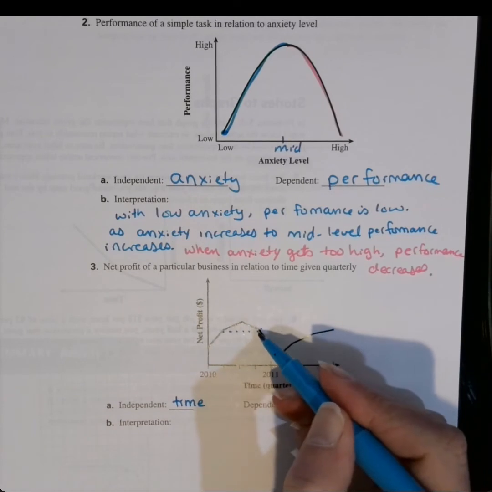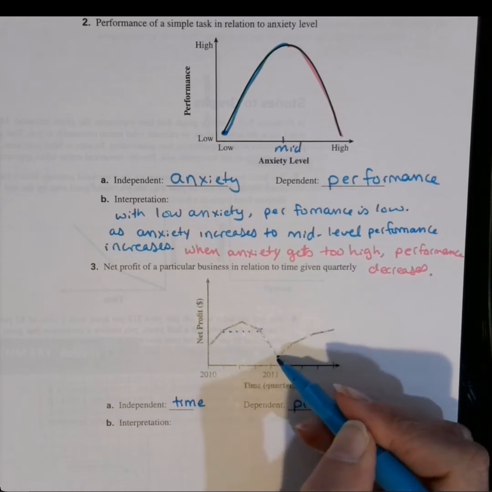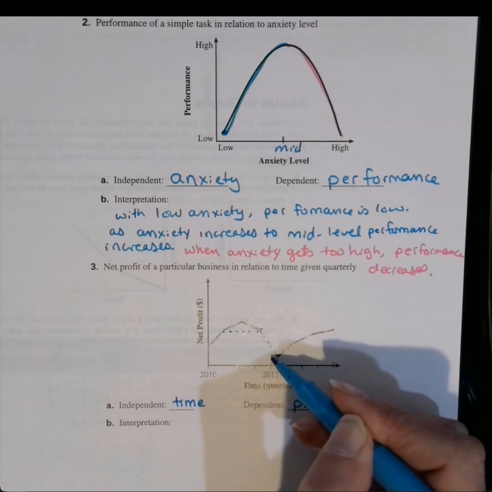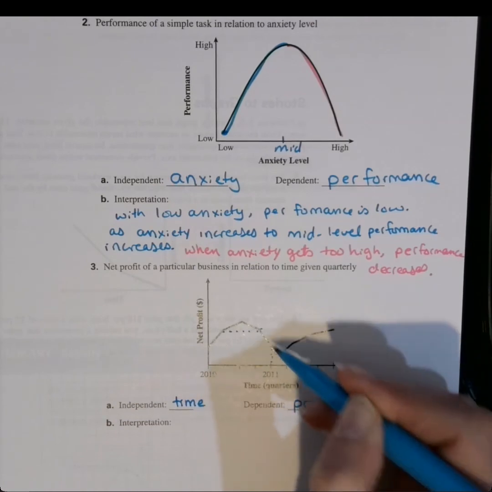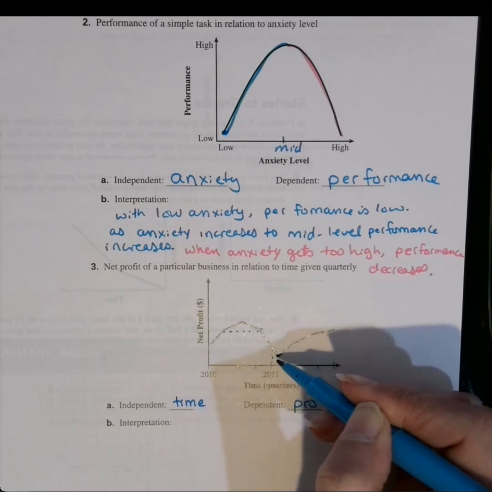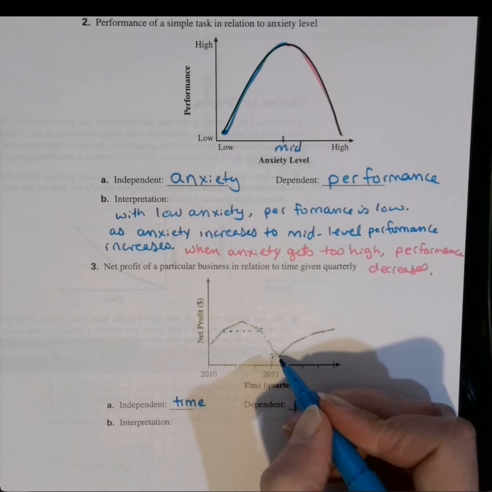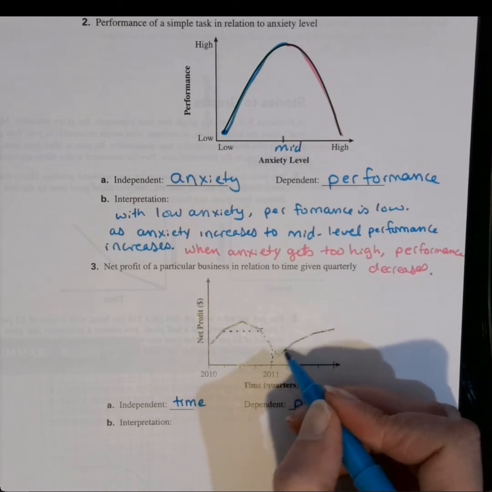Then the fourth quarter takes a dramatic decrease all the way through half the first quarter of the next year. So we're not ending on that fourth quarter. We can decrease past the beginning of the new year into the first quarter of the next year. Then something in the economy changes, we start turning around, and we start making some pretty good gains in profit.